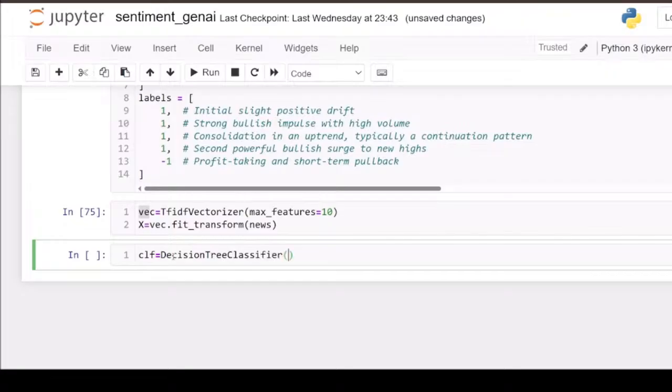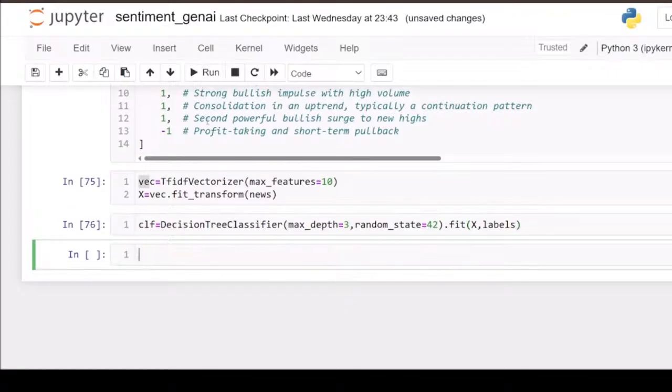Here we start with our max_depth, and random_state will be 42. Your max_depth means that in at least three levels of the flow chart we should declare the results. And we have to fit, so we say x, and our y is labels. Step by step we are doing, and x is done, clf is done.